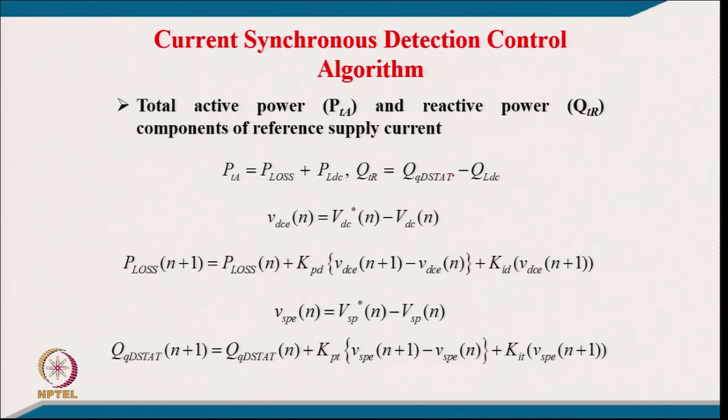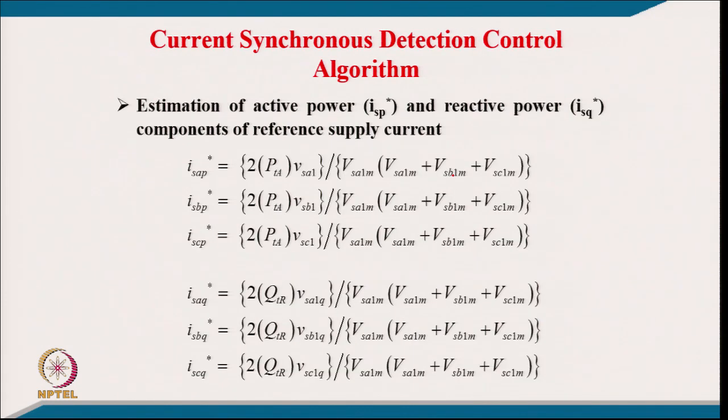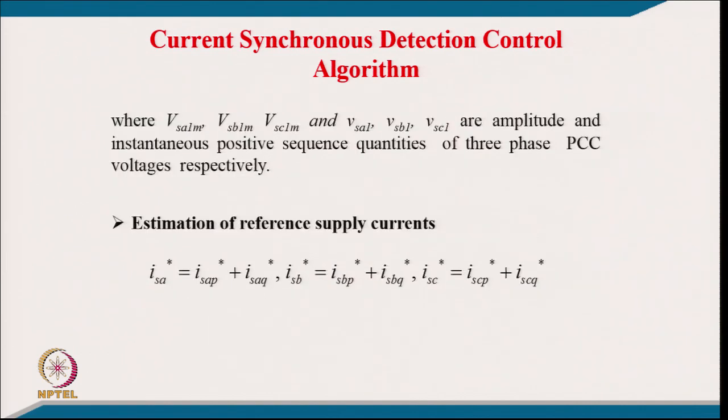We get both these power components, and from the active power we are able to get the active component of current from these voltages, and from the reactive power the reactive component of current. Then we can add these two components, active and reactive, for all three phases of grid current, and we get the current controller in the same manner, for getting voltage regulation.